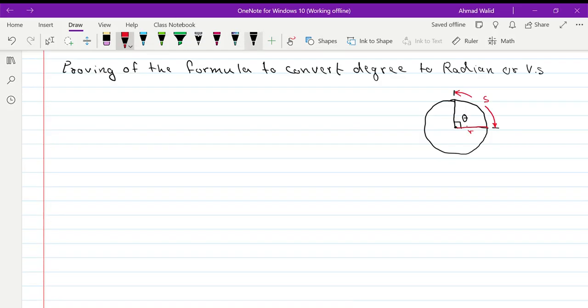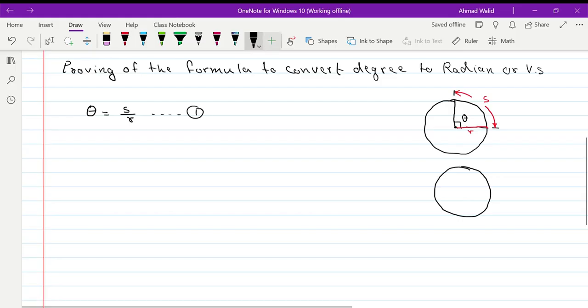Now, the main formula that right now I know about the radian is theta equals S over R. Correct? Let's name this formula number 1 or equation number 1. If you remember from school geometry, if I ask what is the formula for the circumference of the circle, the circumference of the circle is 2 pi r, right?